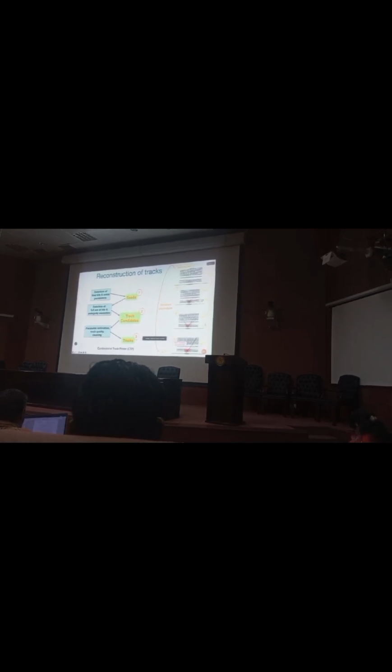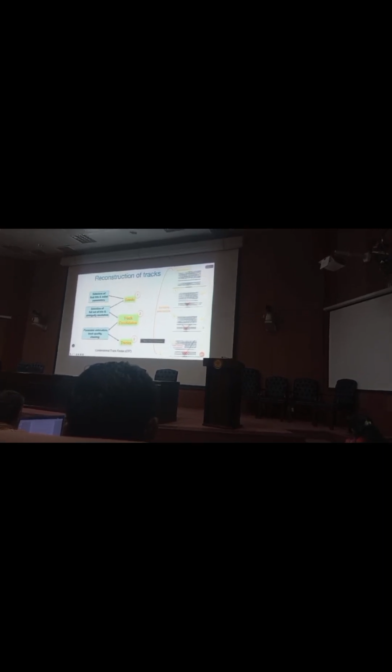The algorithm we use is the so-called combinatorial track finder, which is basically in charge of putting together the different dots in the silicon tracker. Now, the tracker in a typical proton-proton collision event will be full of hits because it is so close to the proton-proton collision point that the density of tracks is really crazy. So it's not trivial to find the best combination of dots that will lead to a high quality track.